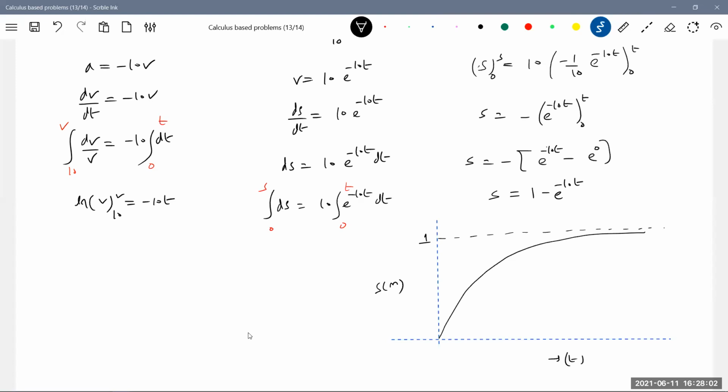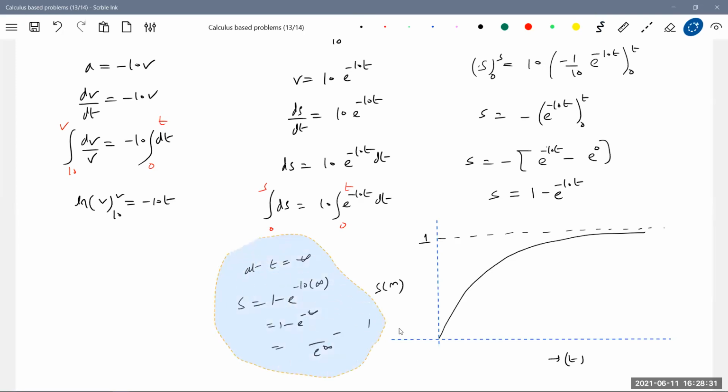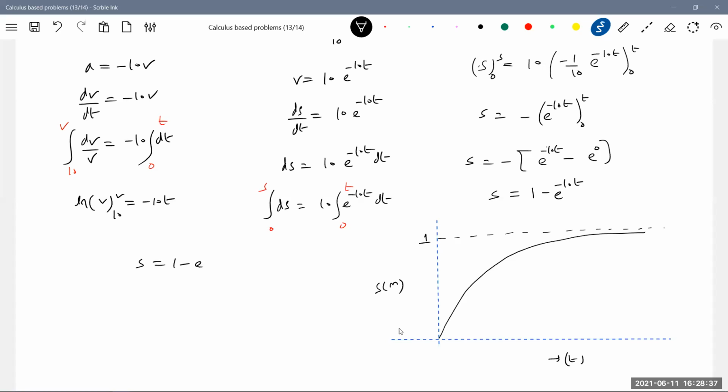When will it be at maximum distance? At t equal to infinity. At t equal to infinity, check it. S equal to 1 minus e to power of minus 10 infinity.